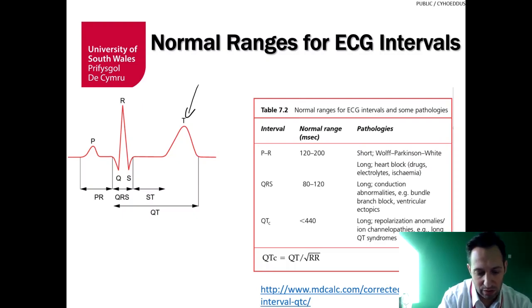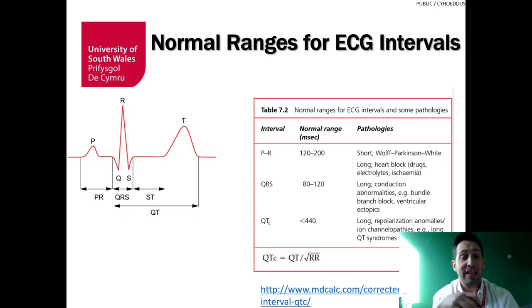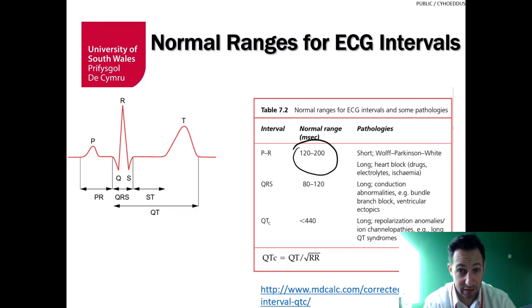So what I would prefer you to do is to not think about these ranges in terms of milliseconds or 0.12 to 0.2 of a second. I would rather you just think about them in terms of numbers of boxes.